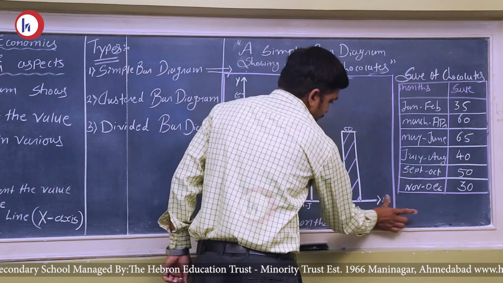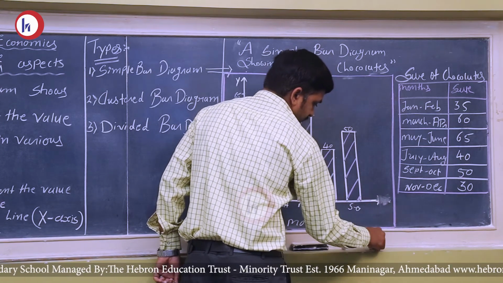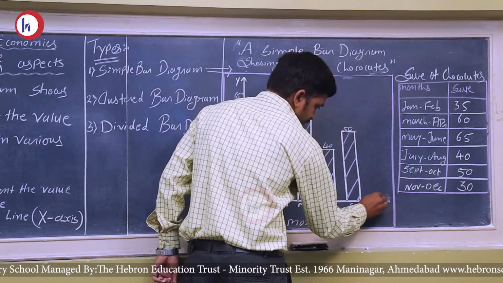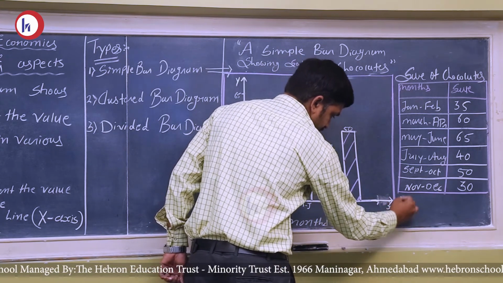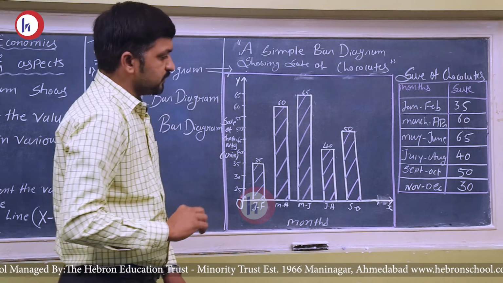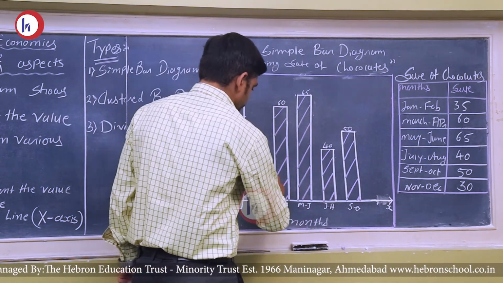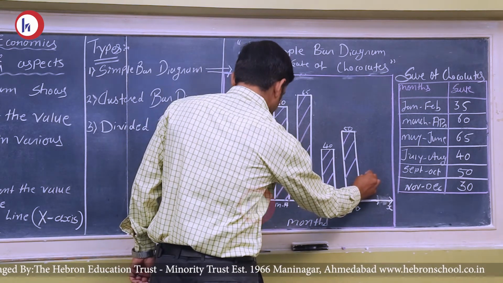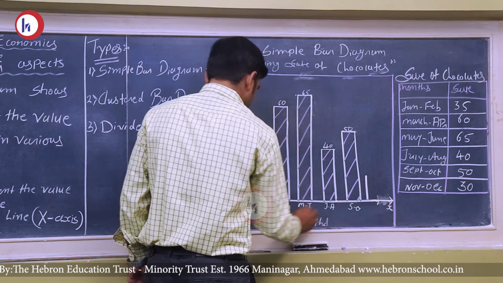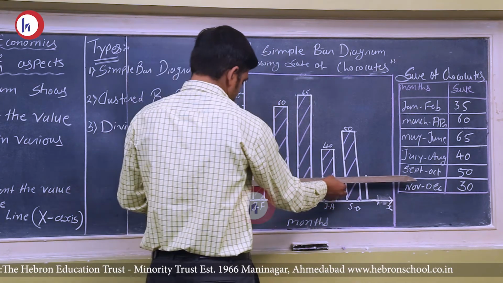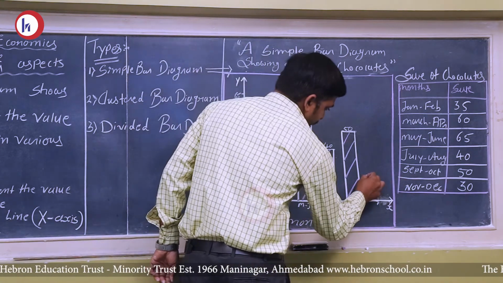And at last, for the month of November and December, the sale of the chocolate is 30.